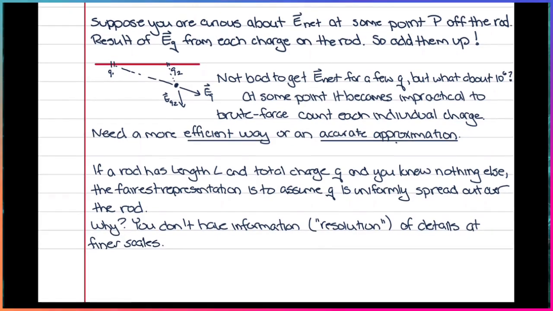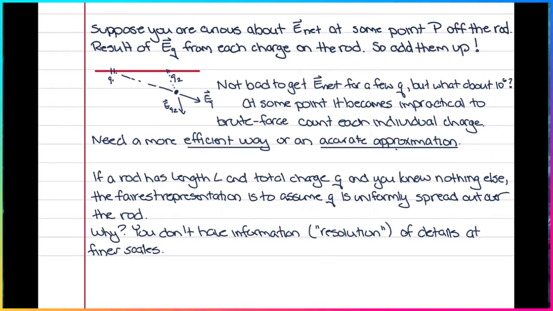So again, let me draw it down below. If I have some rod L, the fairest thing to do is assume that the charge is uniformly spread out. Now, why is that the fairest way of assuming things?